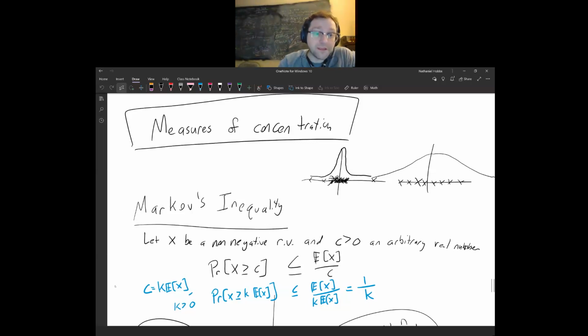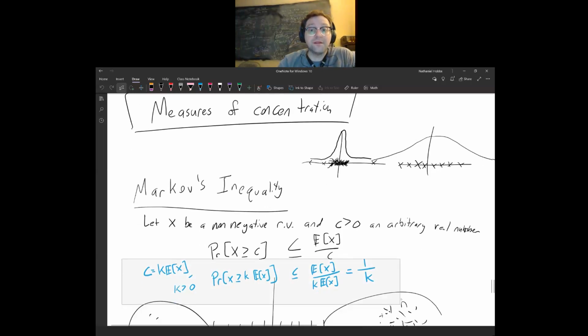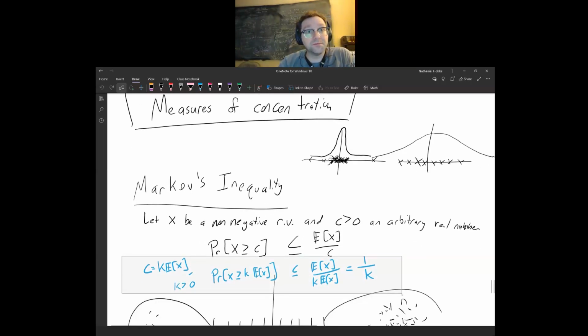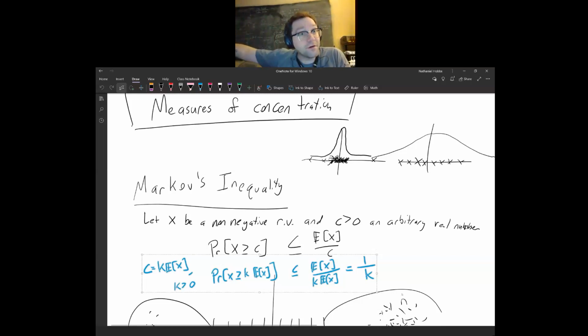So with Markov in blue, again, this is putting it into terms of the expected value. What's the probability that something is going to be far from the expected value or close to the expected value? There is a limit. If there's an expected value, then the probability that something is really far away is bounded by Markov.